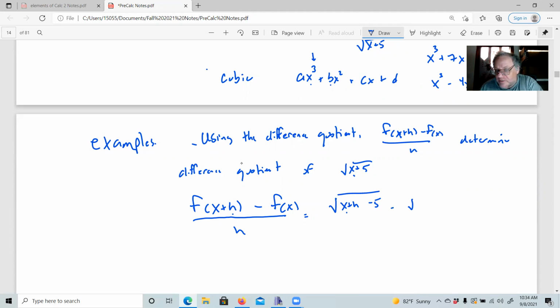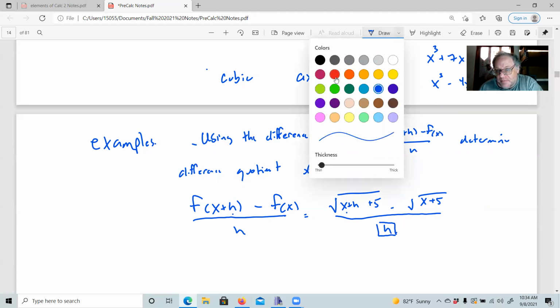Minus, what's the original function? It's the square root of x plus 5, all divided by h. Okay? And now we have to work this and solve it. None of the answers you're going to get are going to look like things that look like answers. So the goal is, once we cancel this h here, then you're done.